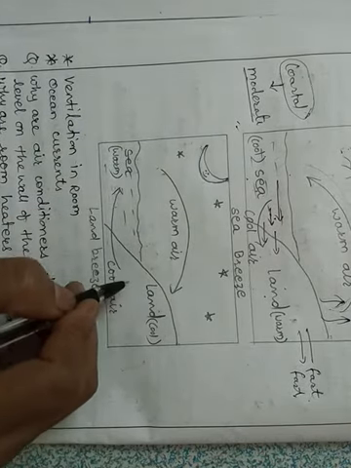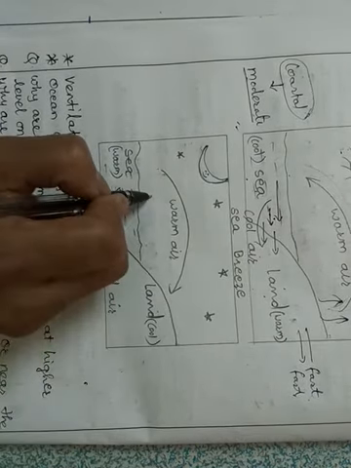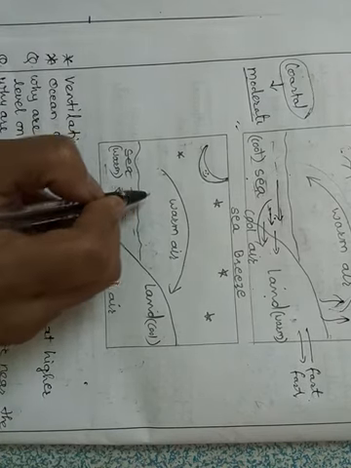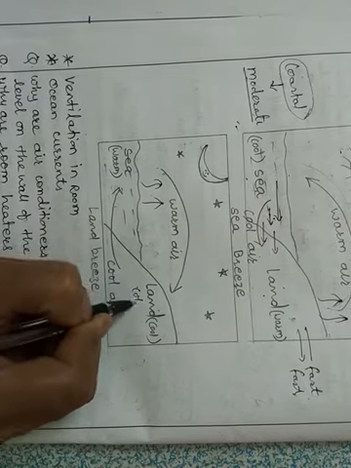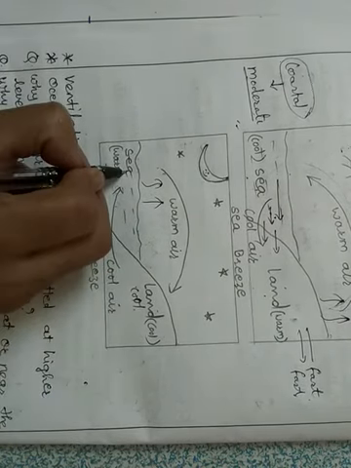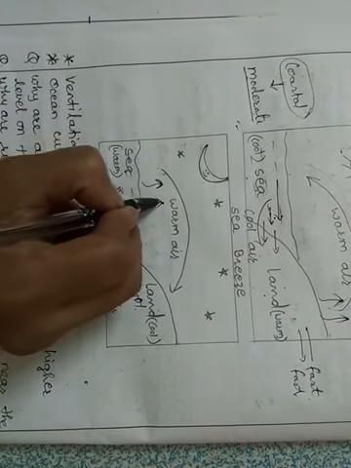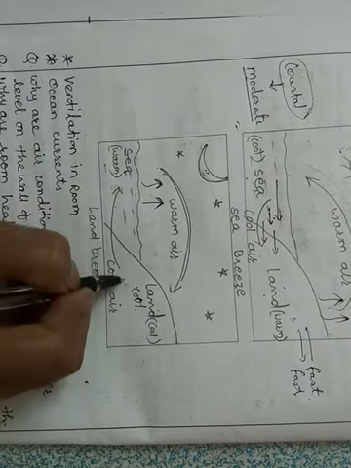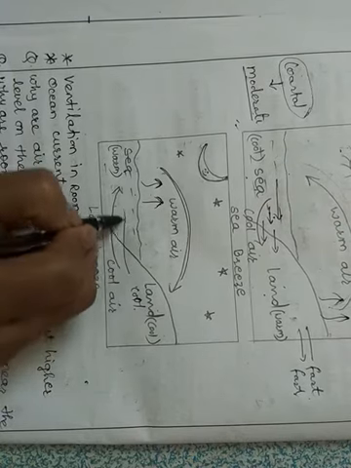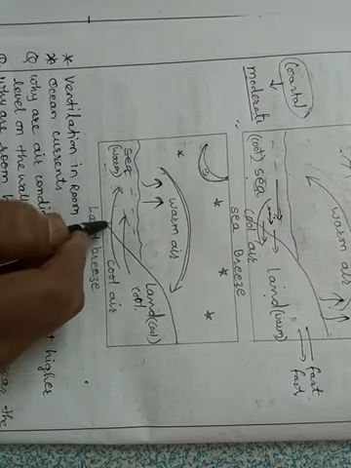So the air over the sea is warmer at night because the land is cool and the sea water is warm. So the air above the sea moves up and the air on the land moves towards the sea.